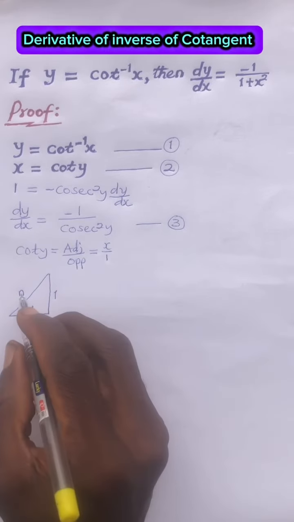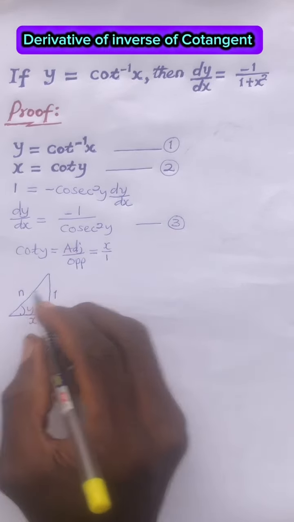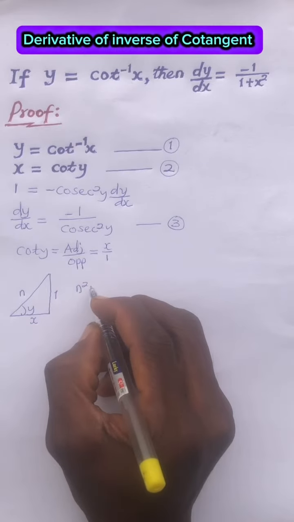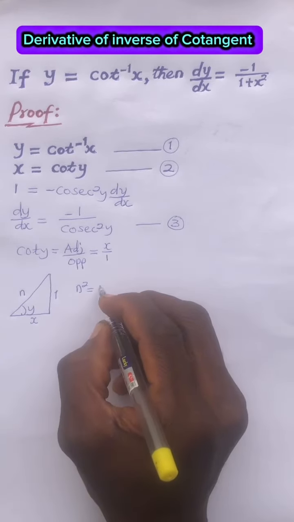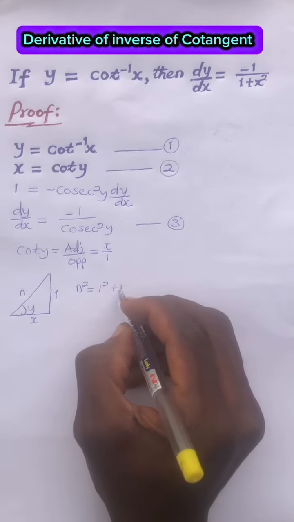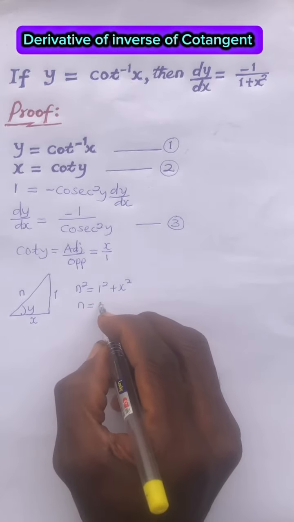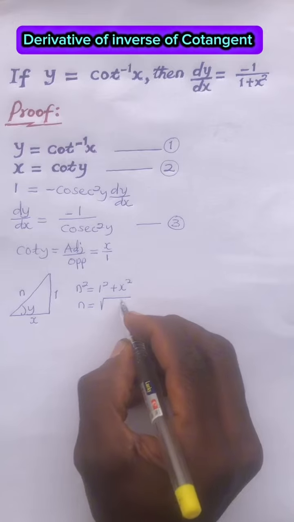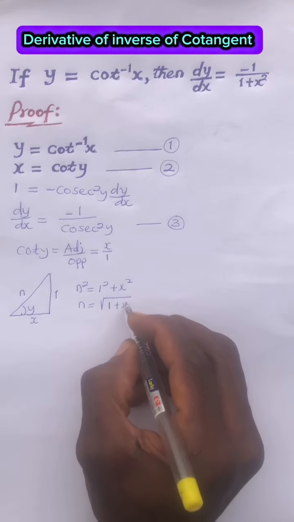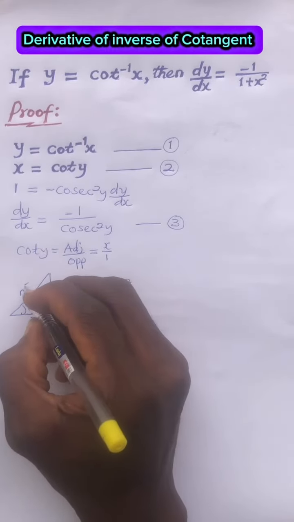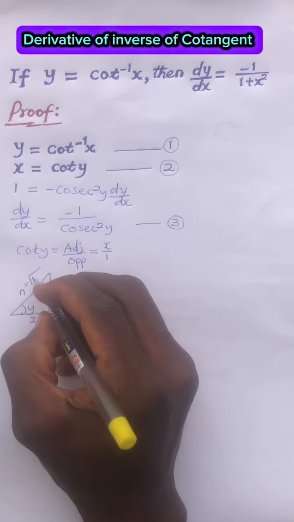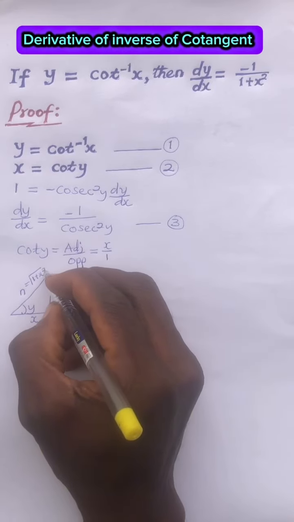So by using the Pythagoras theorem, we can find n squared equals 1 squared plus x squared. So that n becomes the square root of 1 plus x squared. So here becomes the square root of 1 plus x squared.